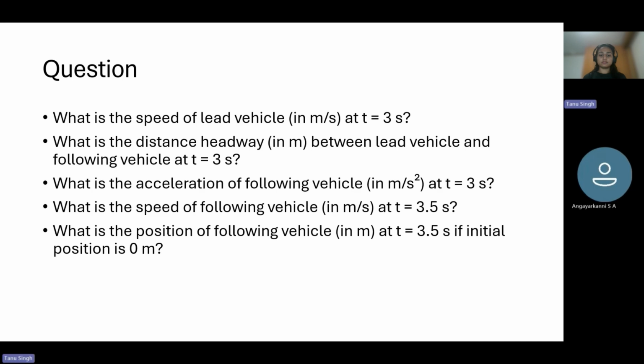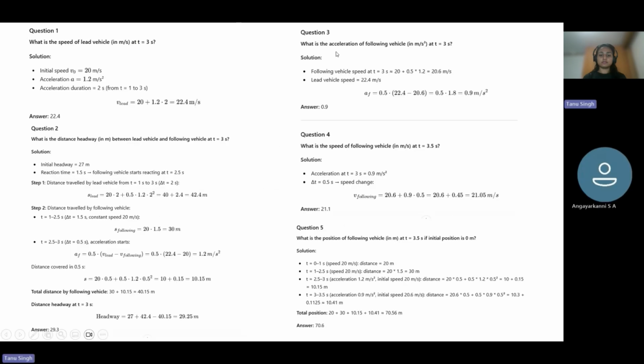Okay, so let's now discuss the next three questions that are to be solved using the same data. The first question was to find the acceleration of the following vehicle at t equals 3 seconds.